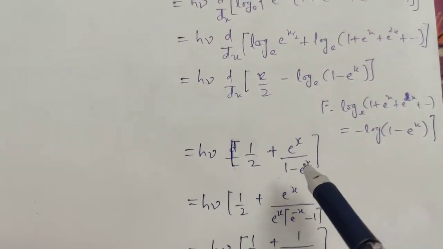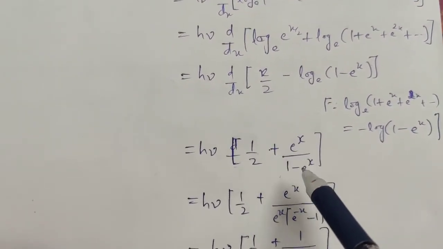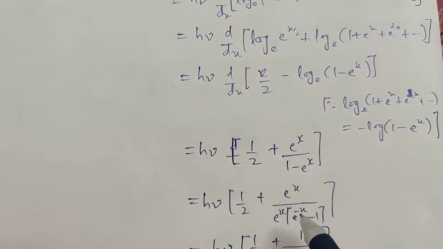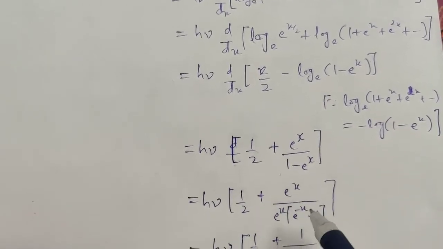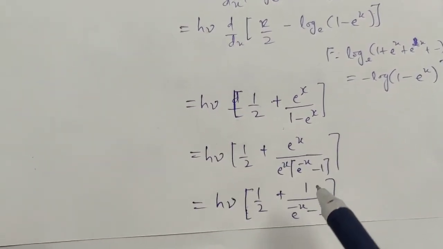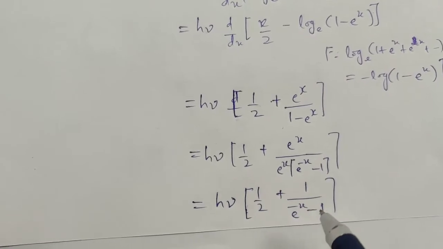So this factor is here, now you can take e raised to power x common, this will be e raised to power minus x, this will be 1, and this will be cancelled, and the result is h nu by 2 plus h nu by e raised to power minus x minus 1.